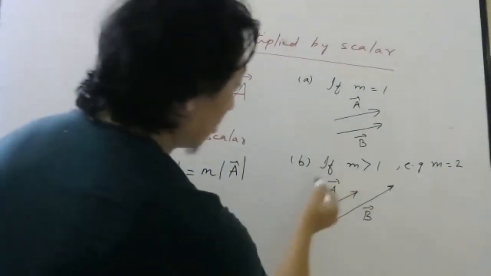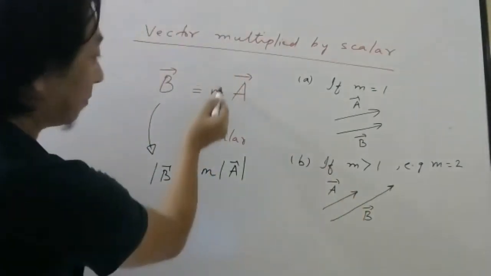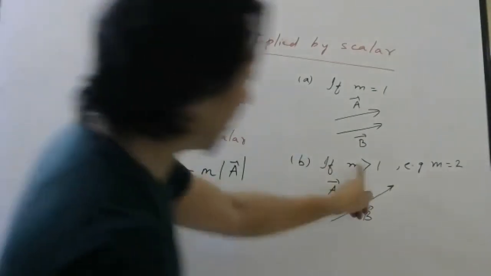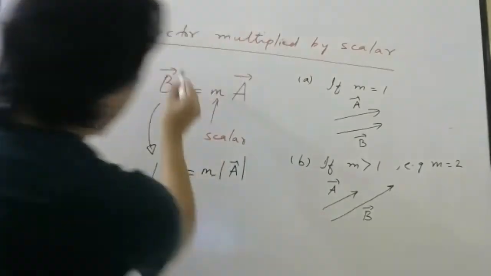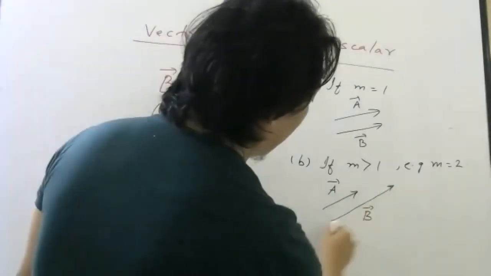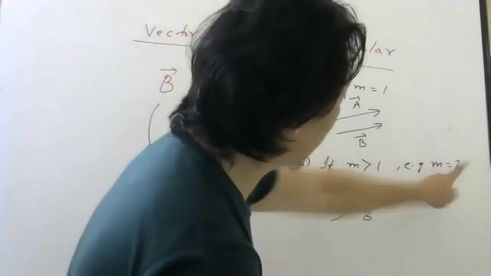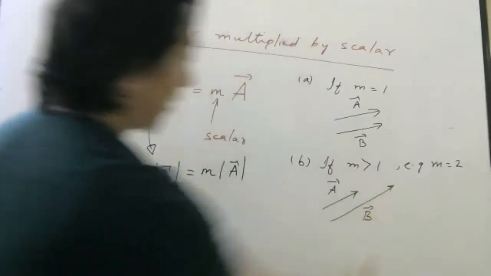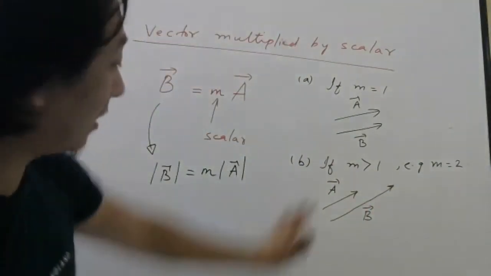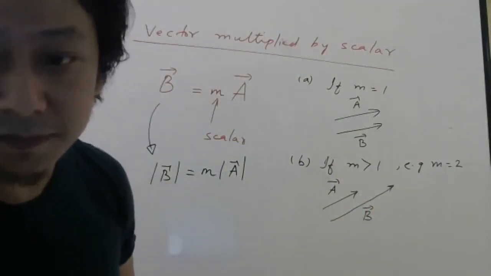So if this is your A bar, and you multiply with M greater than 1, this vector will become longer. If it is exactly 2, it will become double. Understood or not? Till here it is clear or not clear?